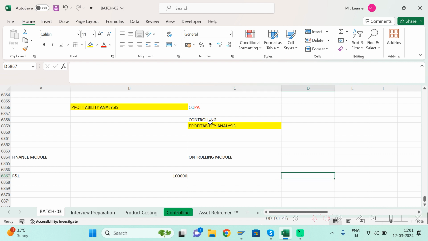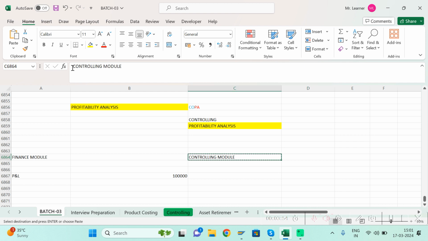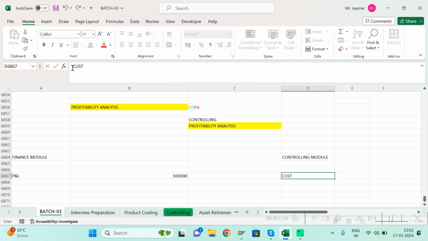Let's say you want to analyze this 1 lakh profit by customer. You want to know customer-wise what profit you are earning, so you can focus on top customers who are contributing more profits.